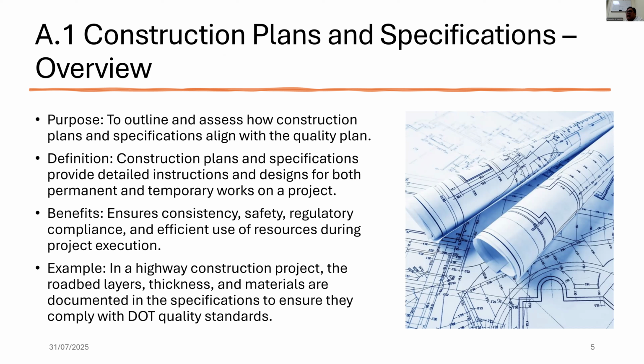If we plan how we will deliver the construction plan and specification within the acceptance criteria or within the regulatory requirement, for example, then definitely we will not face any problem. We will be able to comply, which makes everyone happy and satisfied. Example, in a highway construction project, the roadbed layer, thickness, and materials are documented in the specification to ensure they comply with DOT, probably Department of Transportation quality standards.